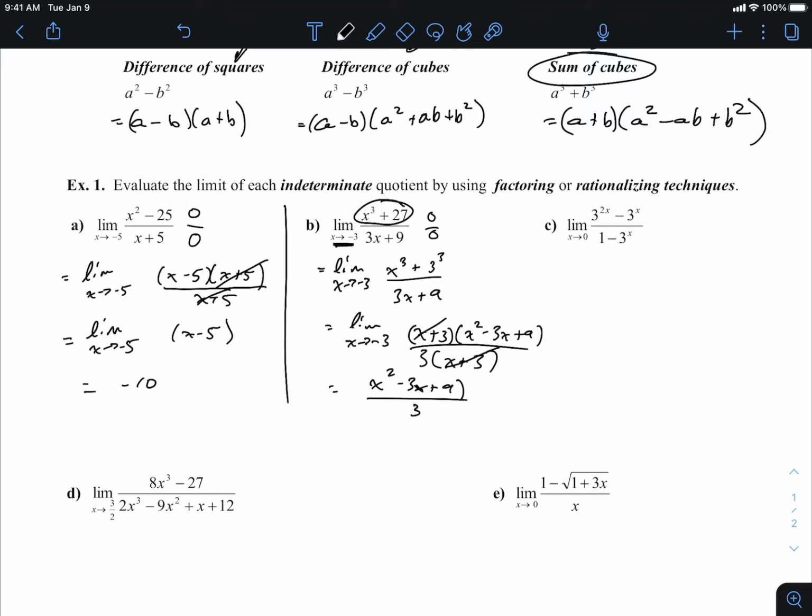Make sure you write the limit. If I was to evaluate this, I would get 9 plus 9 plus 9 over 3. 9 would be my limit.